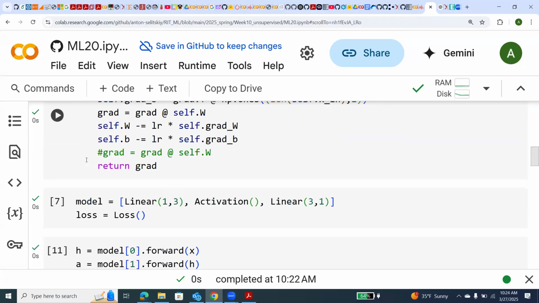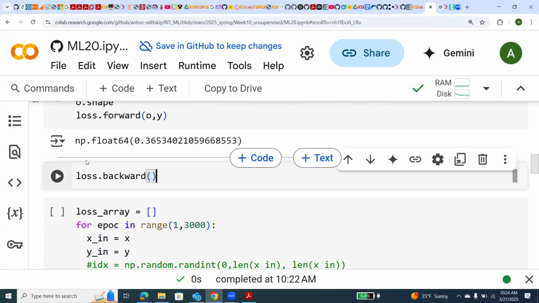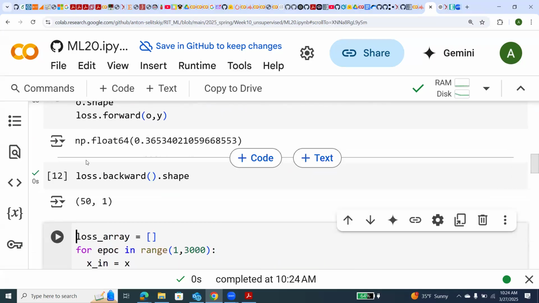So when I apply backward, it will calculate the gradients of my loss function with respect to O. Because O has dimensions 50 by 1, the gradient also has dimension 50 by 1.